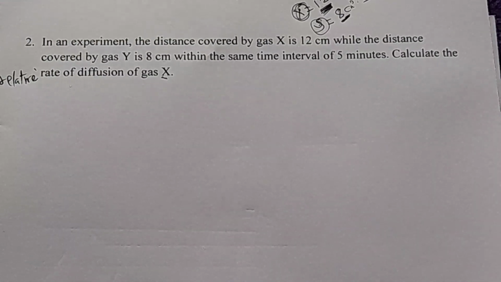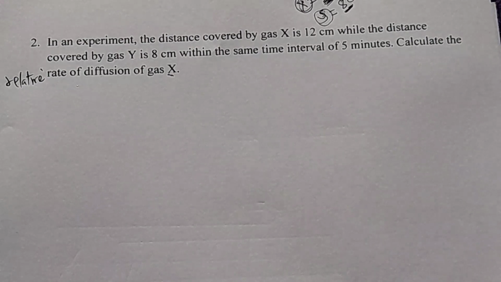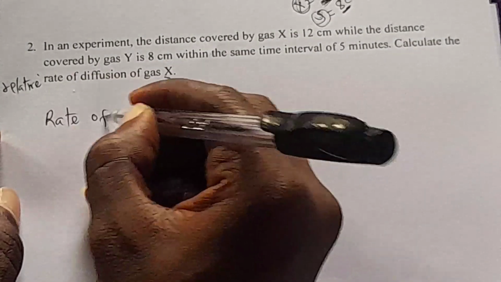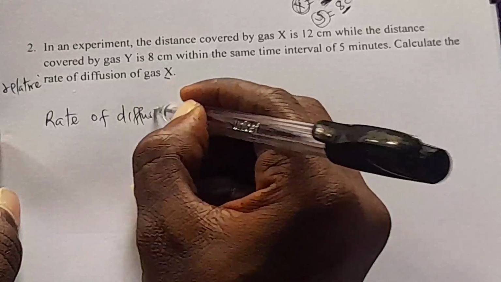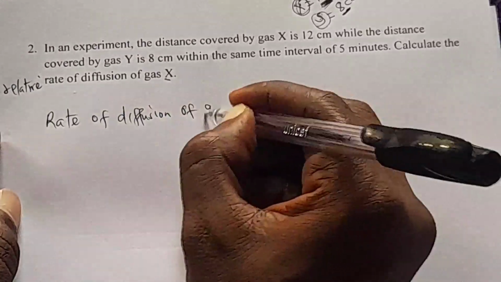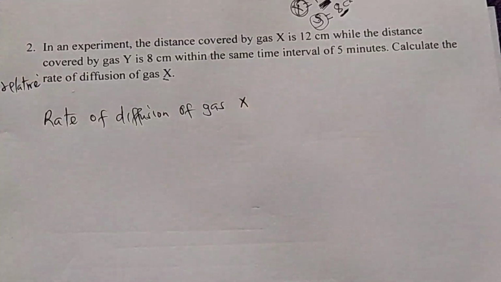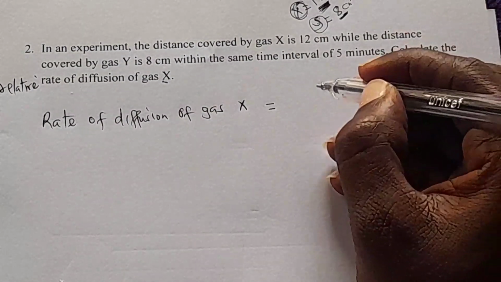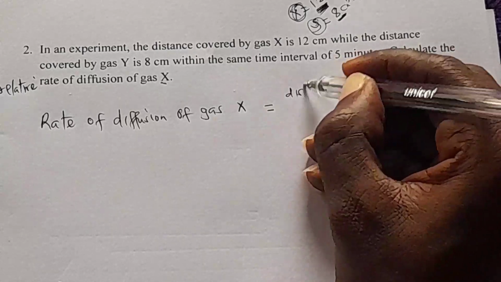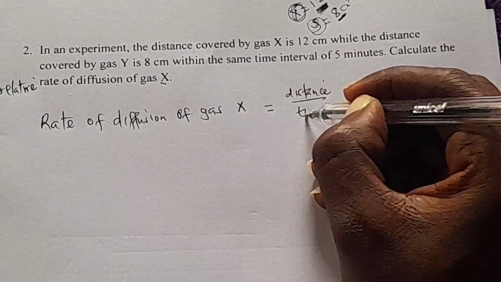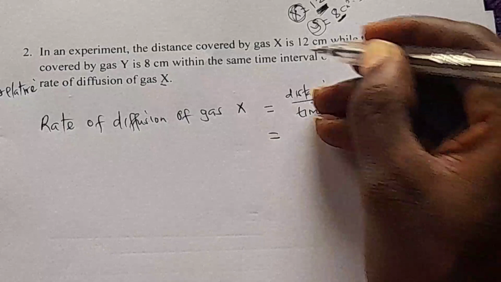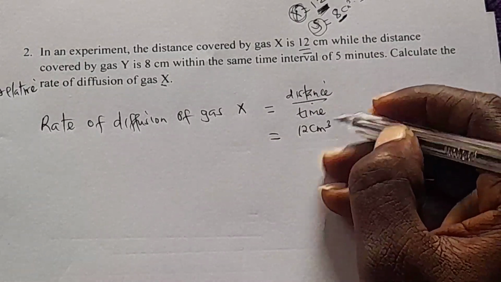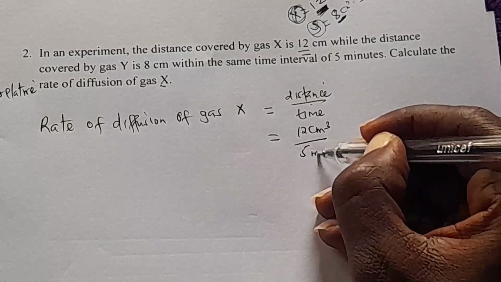Okay, let's now see the rate of each. Let's start with the rate of diffusion of gas X. Rate is given by distance over time. In our case, we have 12 centimeter as the distance covered by gas X, divided by the time, that is 5 minutes.